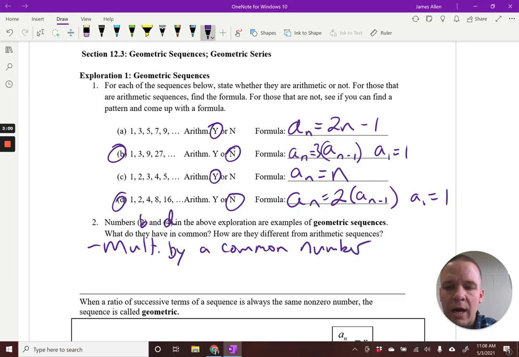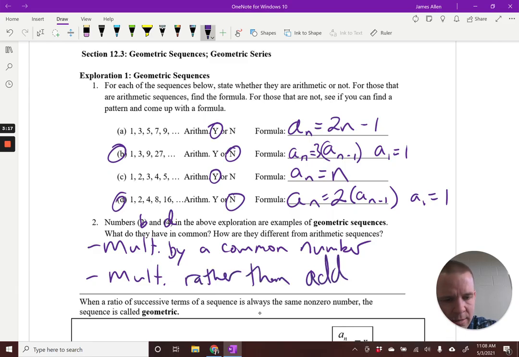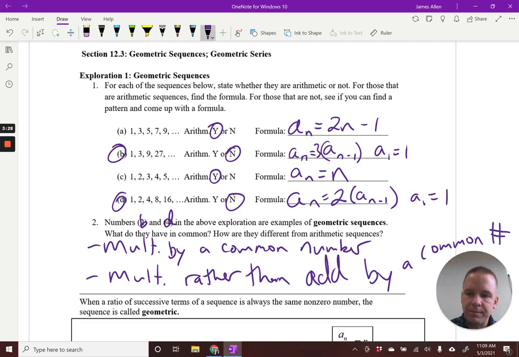And that's what's different, right? How are they different from arithmetic sequences? Well, we're multiplying rather than adding. We're multiplying by the same number rather than adding a common number. Hashtag YOLO. Okay. Lovely.